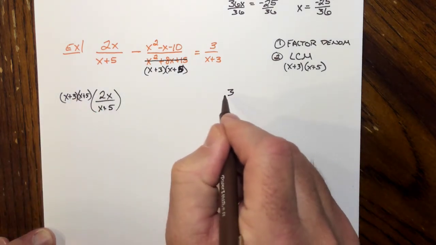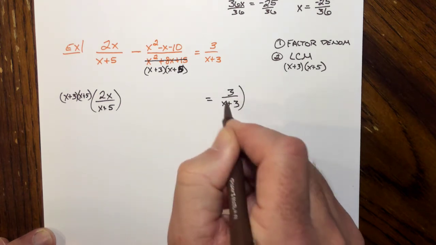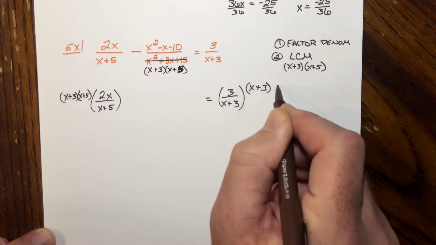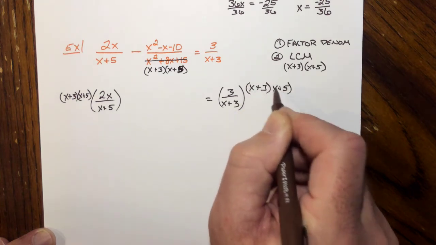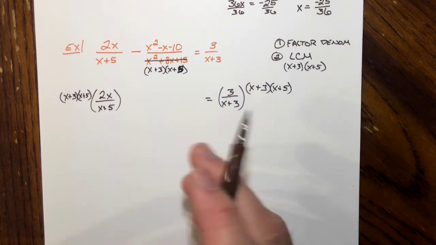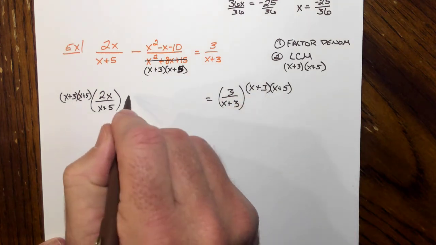I've got to take this fraction on the other side of the equal sign. And again, why don't I have to do this middle one? Well, all right, I guess I do technically because it's going to cancel it out.